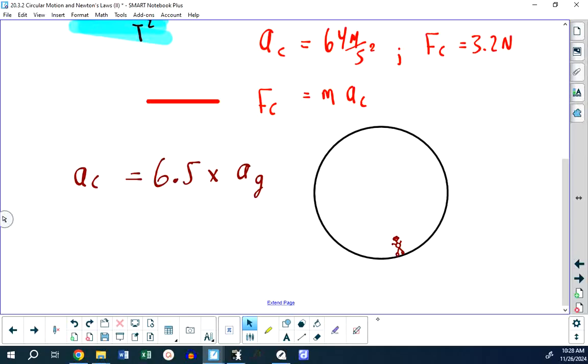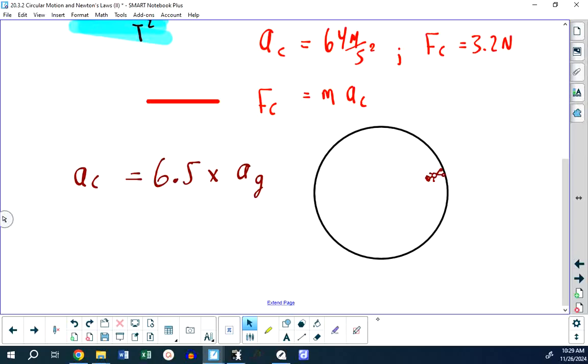So this is pushing against your feet. No matter where you are, if at some later point in time you happen to be here, then it is pushing against your feet towards the center. You would be able to walk around on the inside of it. Not very easily, because the acceleration you would be experiencing is over 6 times the acceleration due to gravity. You would feel 6.5 times as heavy as you would on Earth.